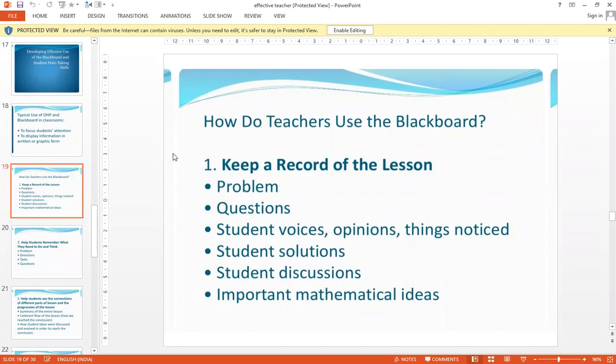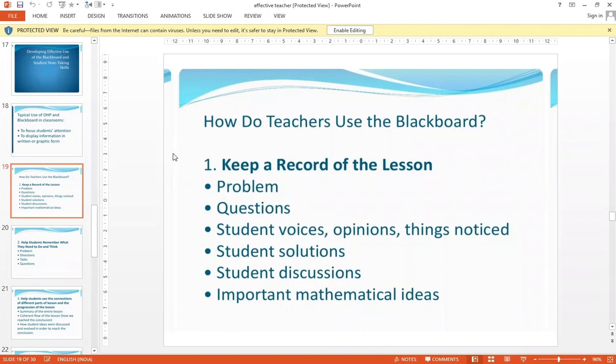So, what are the ways or how can we use the board in our classroom now? First and foremost, we use the board to keep a record of the lesson. So for recording a lesson, we make use of our blackboard in the classroom.